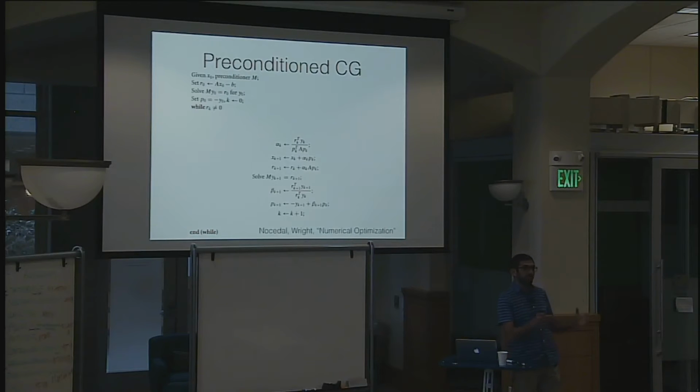And even the matrix vector multiplication is usually not done directly. So it's not like an n squared operation. Sometimes it's like a fast Fourier transform, which is a linear transformation. It's n log n, even though it's like a matrix times a vector multiplication. Okay? So yeah, this is your preconditioned algorithm.